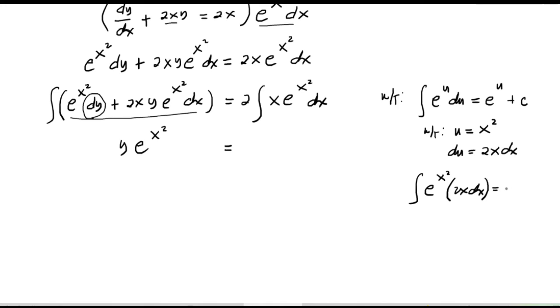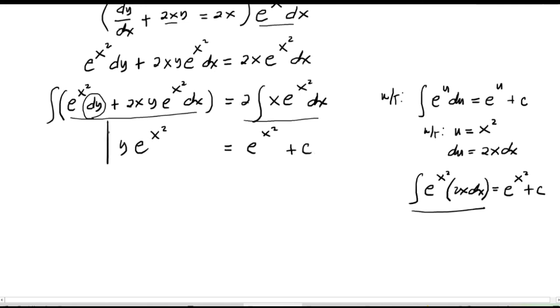And it should be equal to e, your u is x squared, plus c. You notice this expression is exactly equivalent to this one. That means there is no correction factor. So the answer here is e to x squared, then plus the constant. This is our final answer.